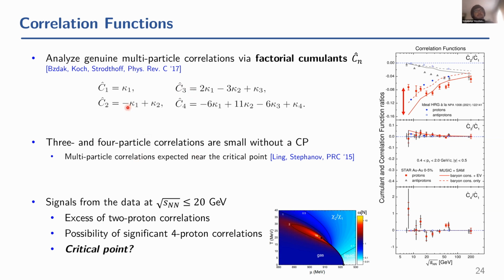For example, if you have no correlations, then C2, C3, and C4 would all be equal to 0. It's still not easy to say much about multi-particle correlations, third and fourth order, because there are still fairly large error bars.